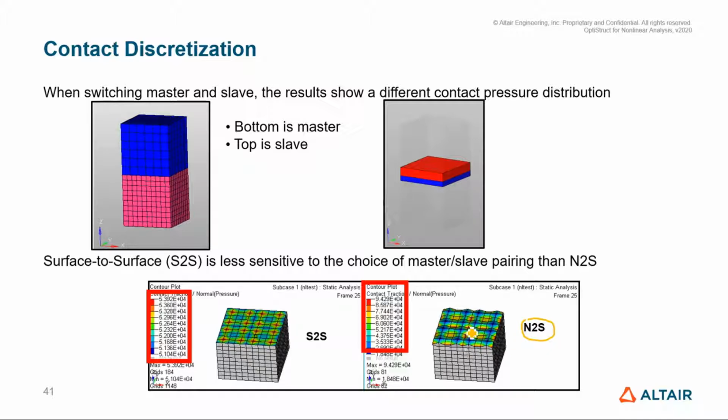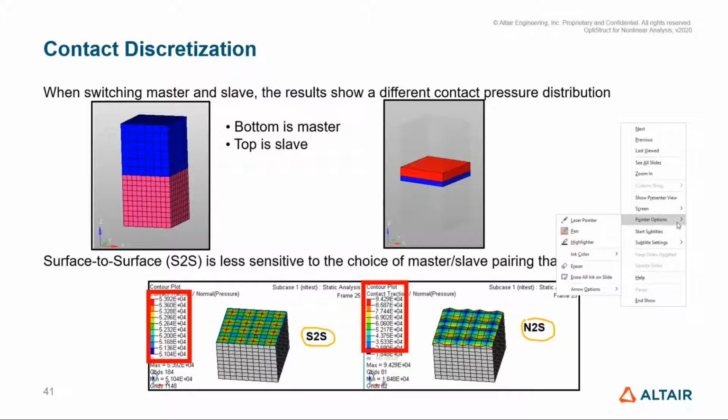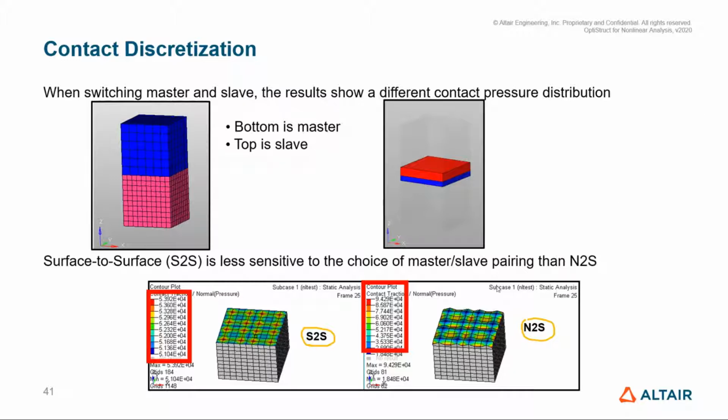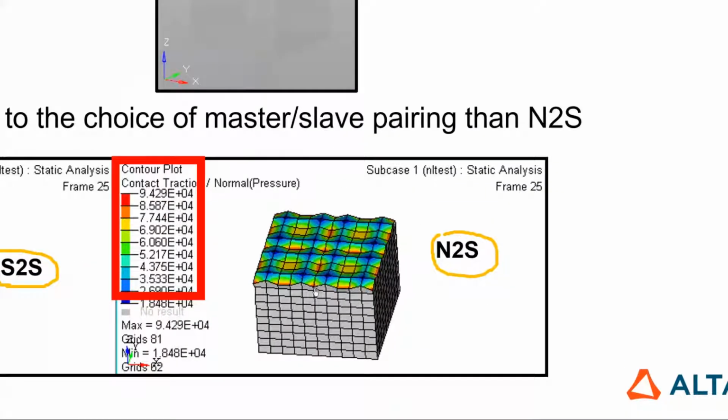But if you use surface to surface, it's still generally okay. All of the elements are still being pushed down together. Let me zoom in. You can see here some of the areas are not in contact. The orange ones are in contact, and those not in contact are not being pushed down.